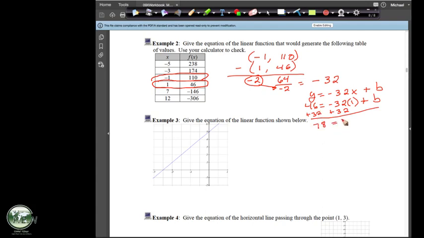So 78 is equal to b. Does that make sense? This was 1 and 46, so 0 is in between here, so the point (0, 78) is also on that line. It kind of fits. And then our equation is going to be y equals -32x plus 78.